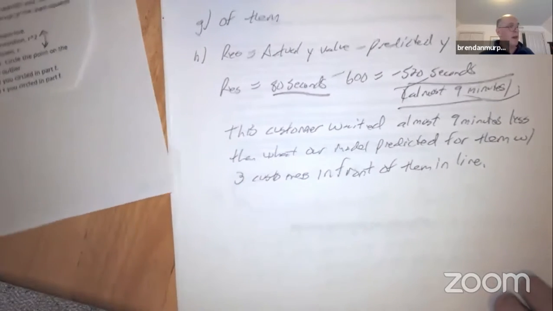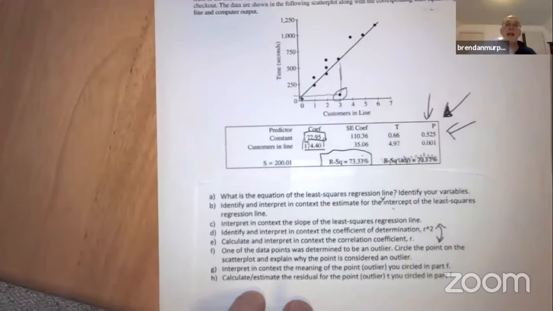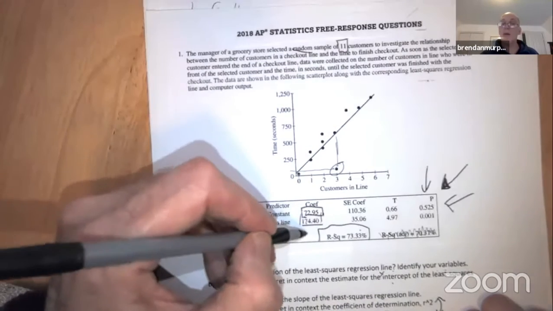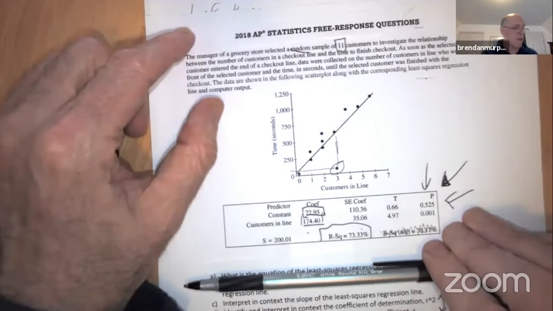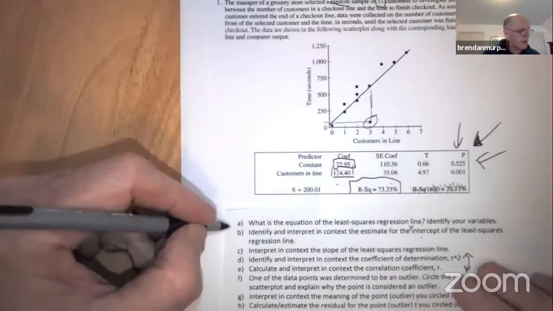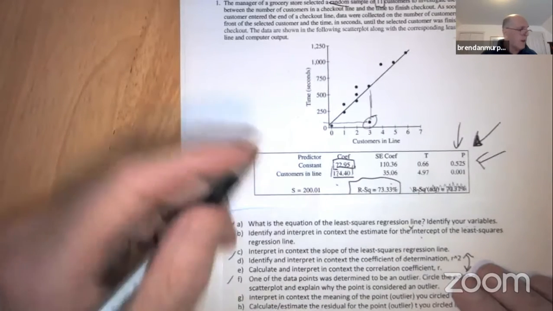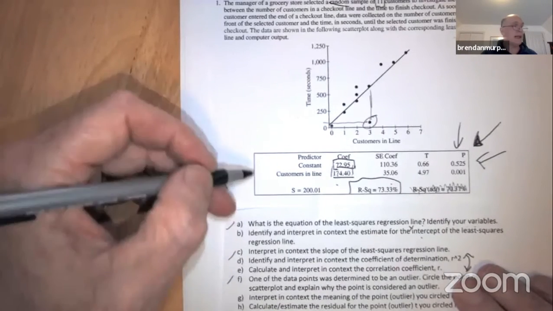So again, the stem, or the question, and this generic computer output were exactly what students got on the 2018 exam. I think there were 3 parts, and I honestly forget at this point what 3 questions were asked. I came up with my own questions here to try to make this feel a little bit longer.